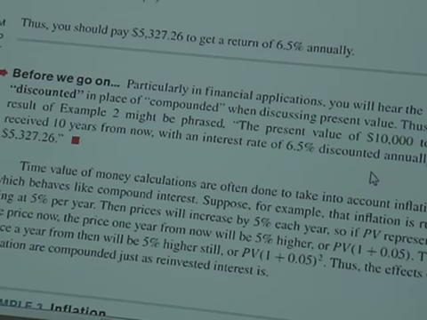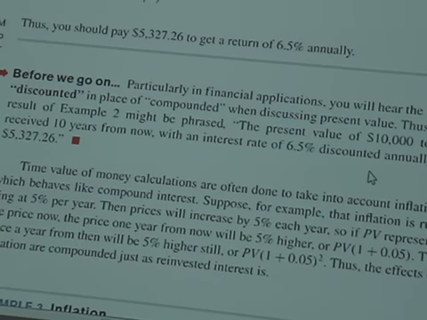Discounted annually. Because we're going backwards, we say discounted annually instead of compounded annually. Compounded annually kind of implies starting from the lower part and going up higher and higher. And here, since we know what we're starting with and we want to go back, they're using discounted. It's kind of awful, but okay. That's what they do, so you have to do it too.